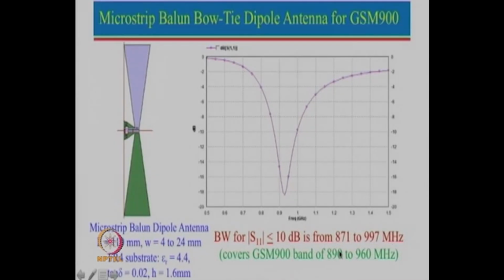This can take care of fabrication tolerances in a much better way. Or one can think that 890 to 960 is the requirement, so instead of getting a reflection coefficient less than minus 10 dB, we now get a reflection coefficient less than minus 12 dB. That means the reflected power will be better.